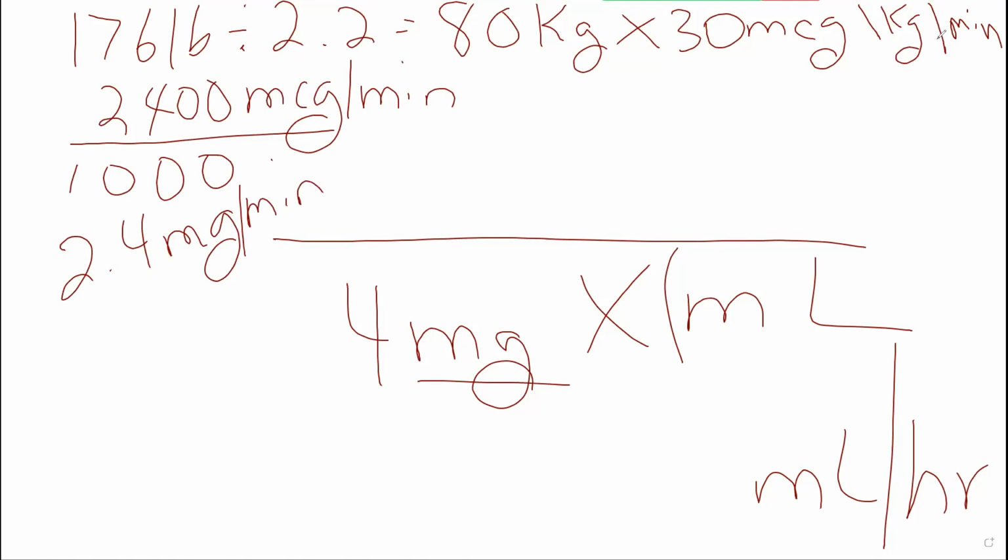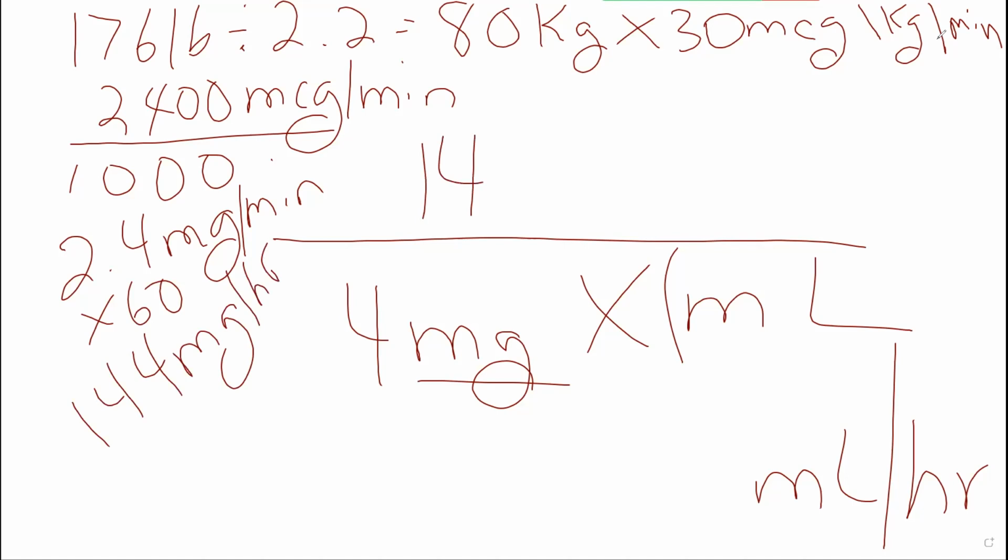I need to get to hours. So I'm going to multiply both sides by 60. It gives me 144 milligrams per hour. Milligrams crosses out.